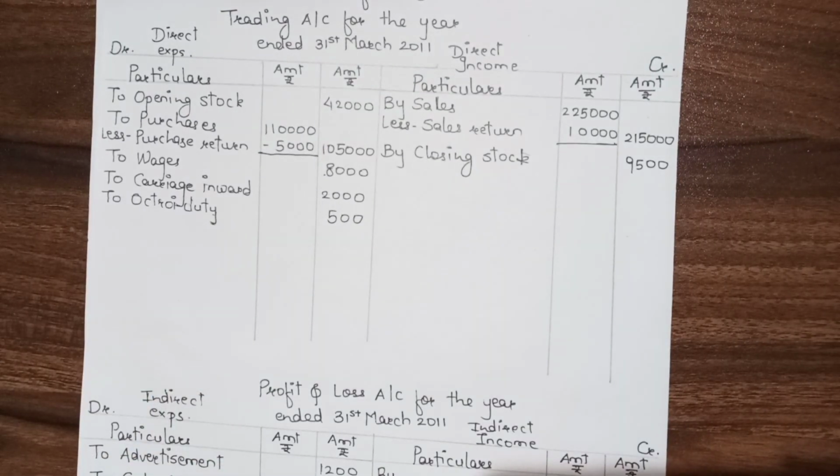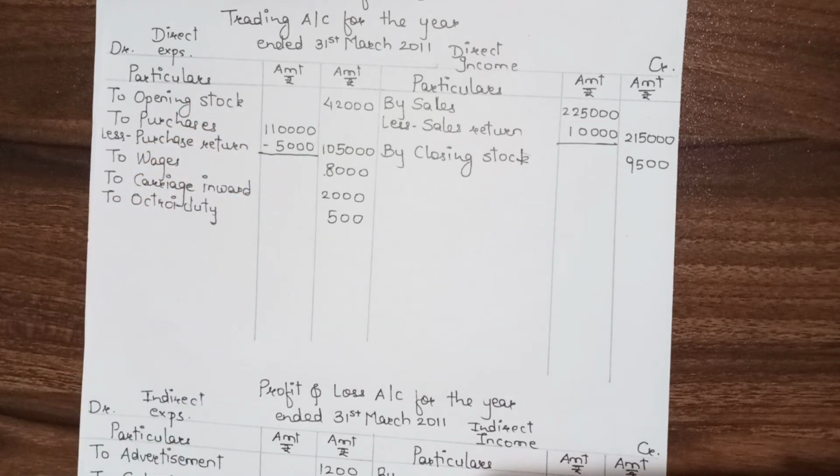Now the second effect will appear on the assets side, but that is in the balance sheet, and we are not on the point of discussion of the balance sheet. We are definitely going to have an example on it, but right now we are just seeing two accounts, the trading account and the profit and loss account.